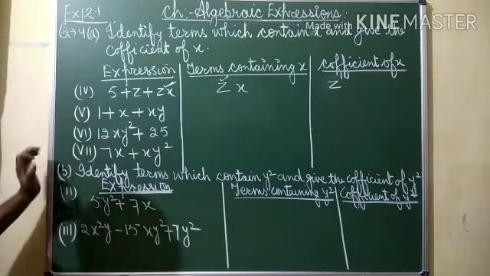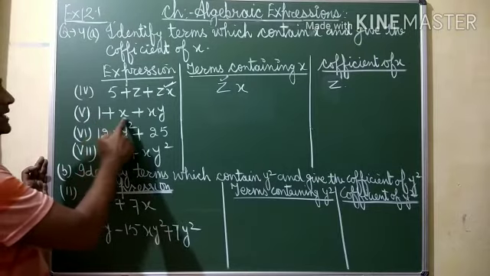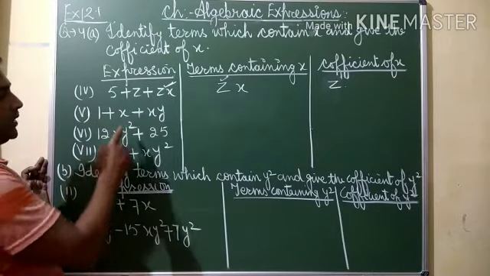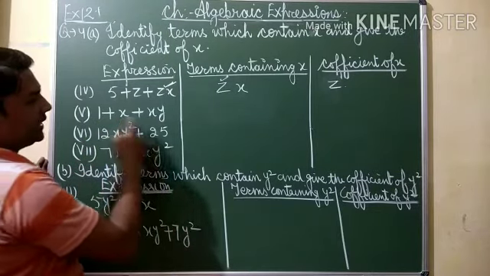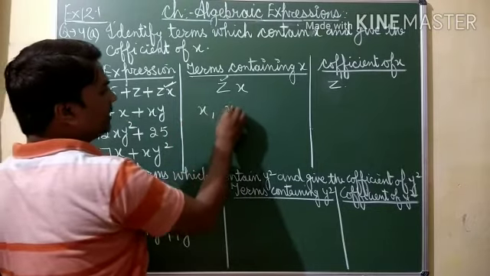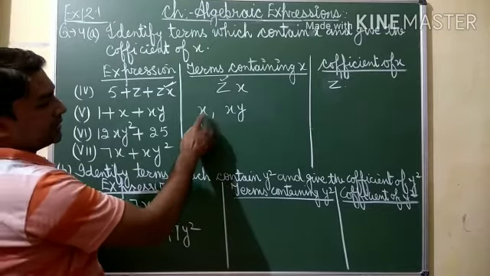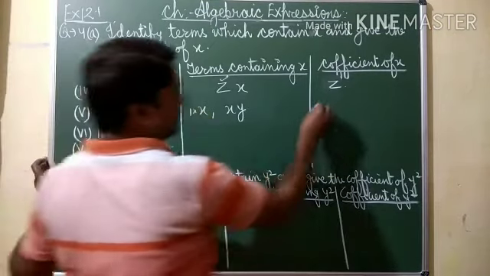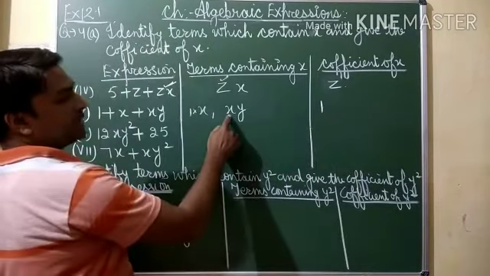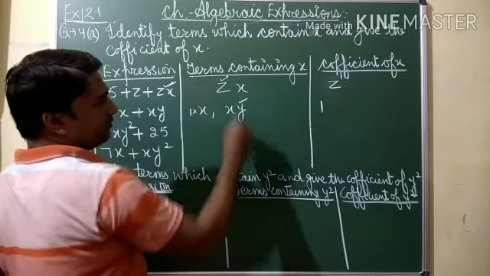Next, fifth part, the given expression is 1 plus x plus xy. Now in this expression, the terms containing x are x and xy. Now the coefficient of x in the first term is 1 and the coefficient of x in the second term is y.